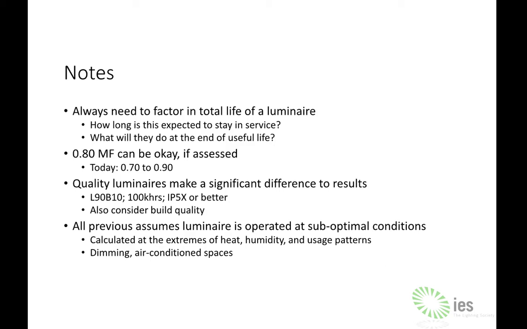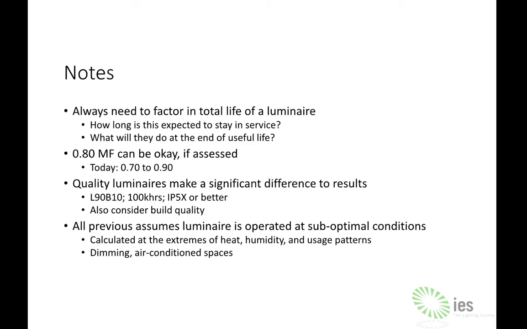All this previous data has to assume that they operate at suboptimal conditions. That's the data you get from the manufacturer. They say this is the L70, B50, 50,000 hours when it's operated at 40 degrees on a humid day. That's the data they give you. It's not being operated in that condition.